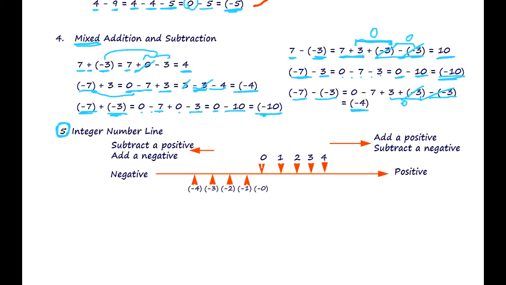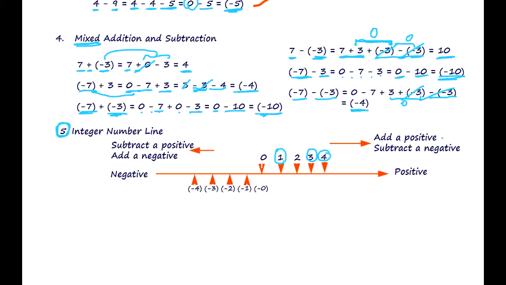On this number line, whenever you add a positive number, the answer is on this side. Say you have 1, you add 2, the answer is here, right? Or if you subtract a negative number, you have 1, subtract negative 3, then it goes here.